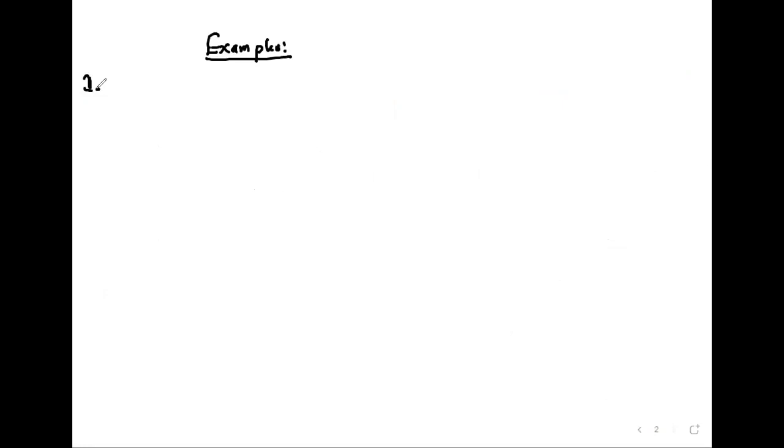Okay, question 1. Find f prime of x from first principle, and f of x is equal to root x.